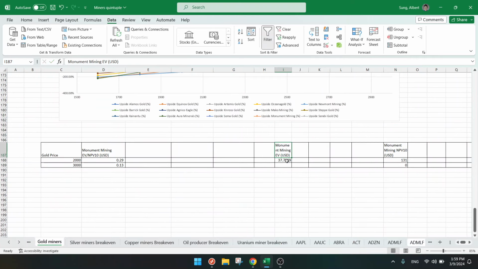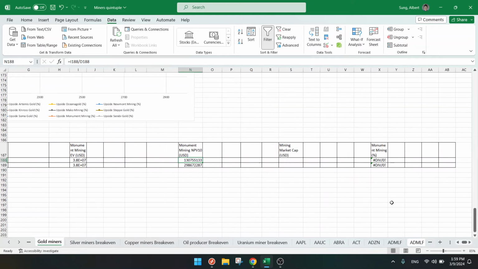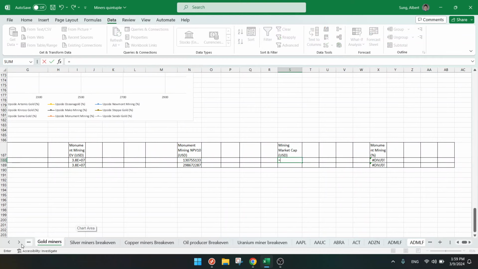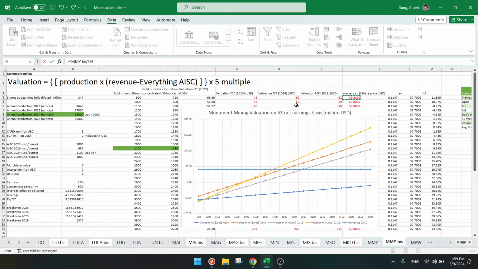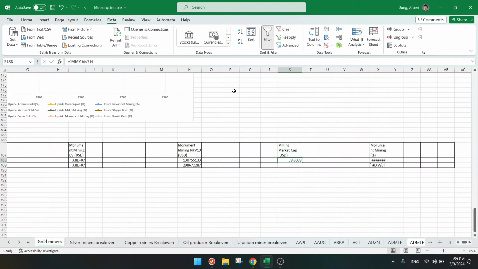EV in US dollars times, of course, million. Okay, that's the EV. NPV is calculated automatically with this formula. Market cap is this here times 1 million.